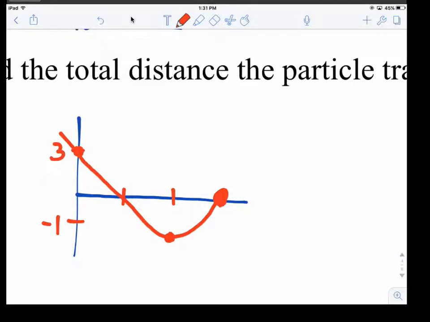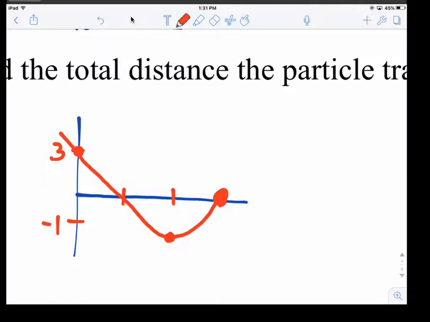When we said that it changes direction at t equals 2, this is like a resting spot right here. So you want to figure out the distance from this point to this point. How much did it travel here, and then how much did it travel from 2 to 3 seconds? Your position here is that it started at 3 and then ended up at 0, so it moved 3 units to the left.